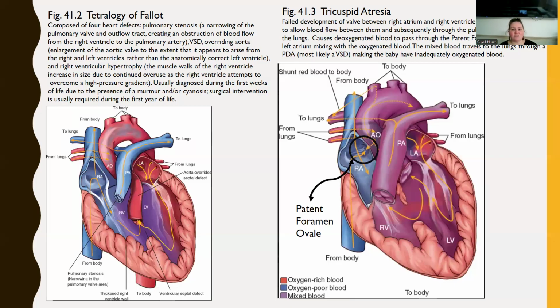So you get deoxygenated blood to pass through the patent foramen ovale to the left atrium, mixing with the oxygenated blood. The mixed blood travels to the lungs through a PDA, making the baby have inadequately oxygenated blood.